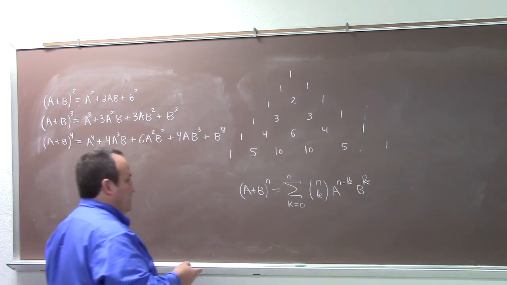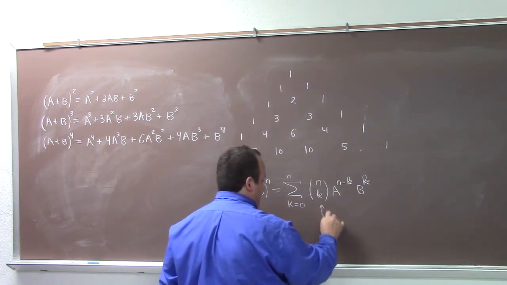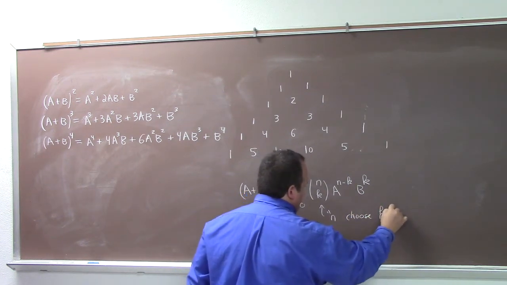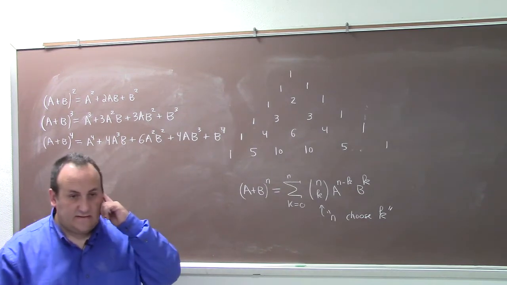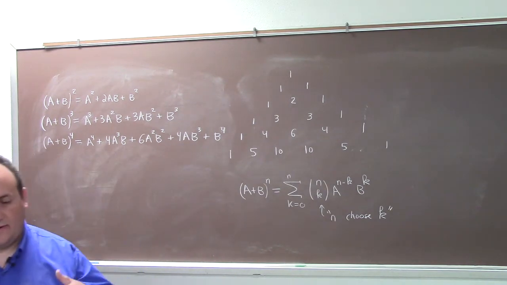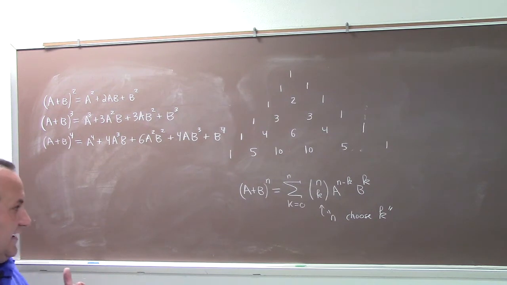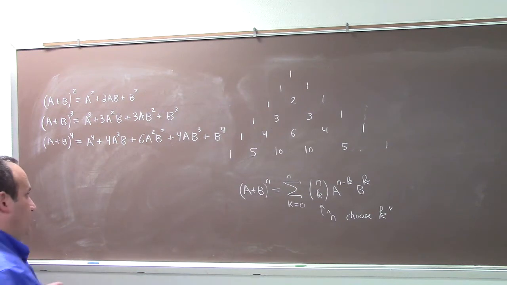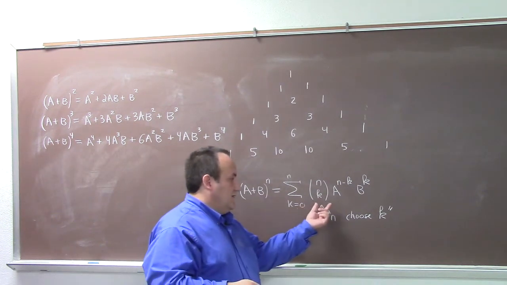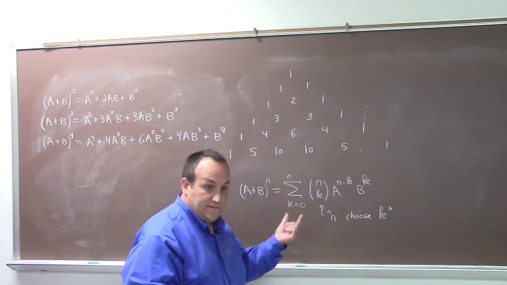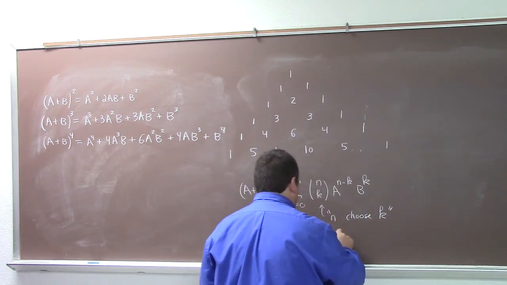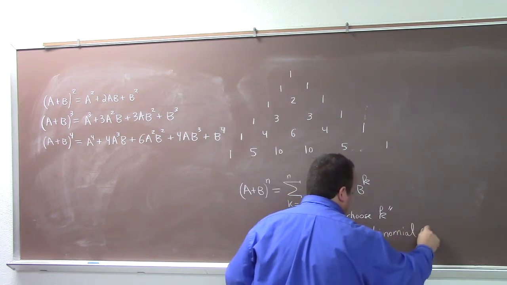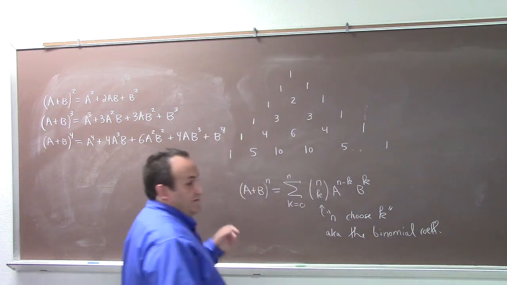So this is read n choose k. You'll study this again in your statistics course, or where you talk about counting and probability. So n choose k is the number of ways of choosing k things from n things without repeats. These are also the so-called binomial coefficients. And the binomial coefficients are exactly the numbers which appear in Pascal's triangle.